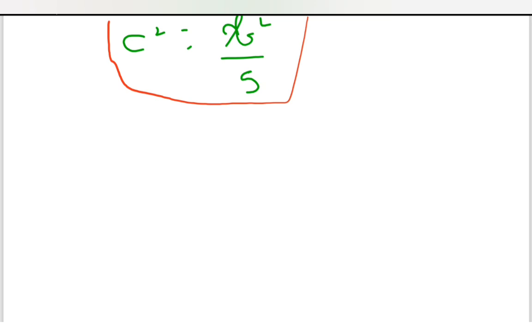Yes. So similarly, 5 can divide B square as well as B. So if 5 divides B square, then 5 also divides B.